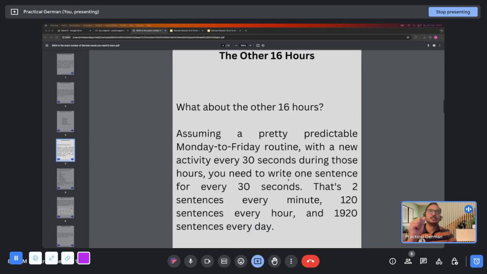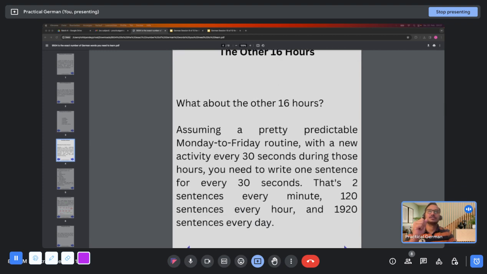Let's talk about the other 16 hours. We'll focus on Monday to Friday, because Saturday and Sunday can be different. For most of us, at least for me, Monday to Friday is mostly the same. So, assuming a pretty predictable routine with a new activity every 30 seconds, now I'm being very dynamic, every 30 seconds you need a new sentence to describe what happened.